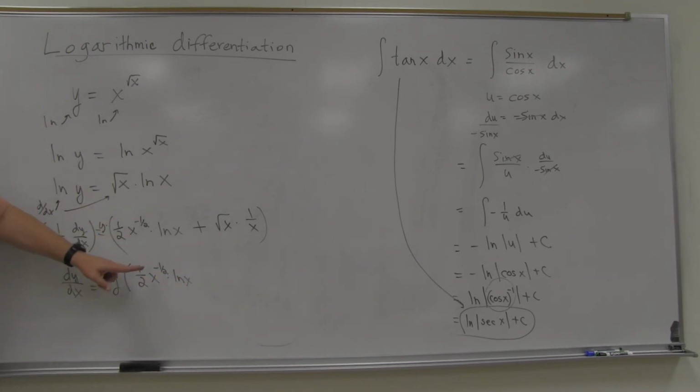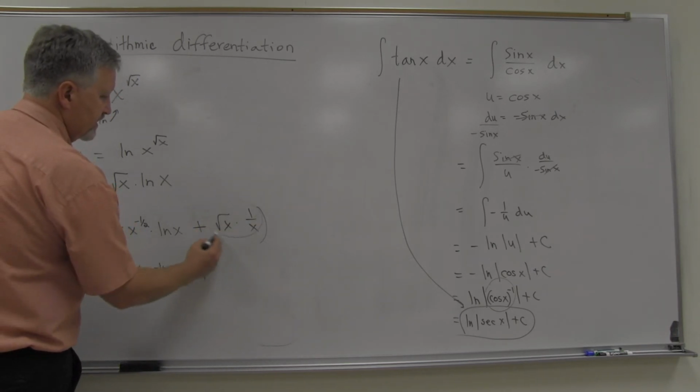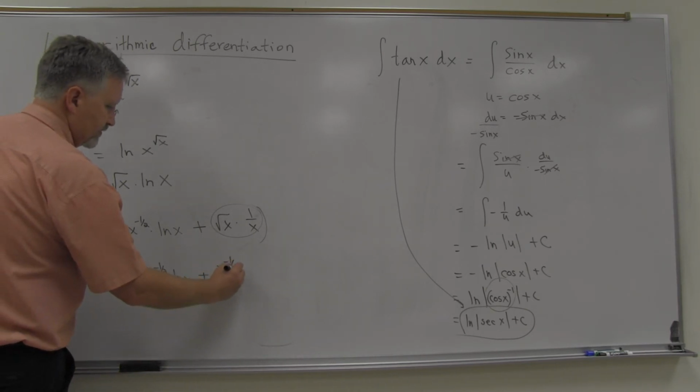We can flip that over, make it square root of x in the denominator, right? Now this, you can do a little subtraction of the powers. You got x to the 1/2 in the top, x to the first in the bottom, so that's x to the minus a half also right there. With me there?